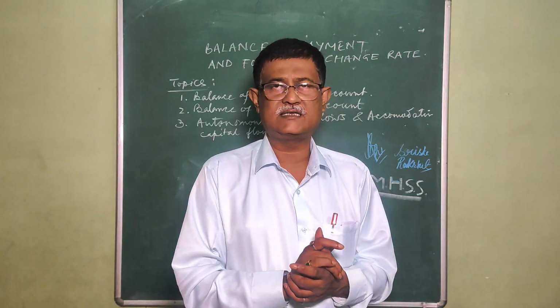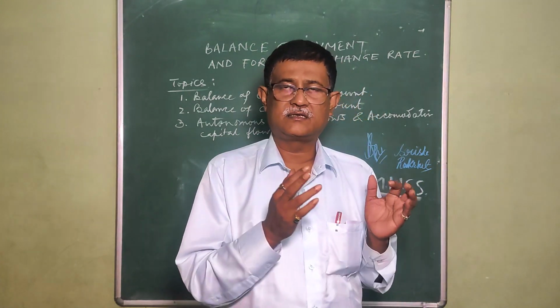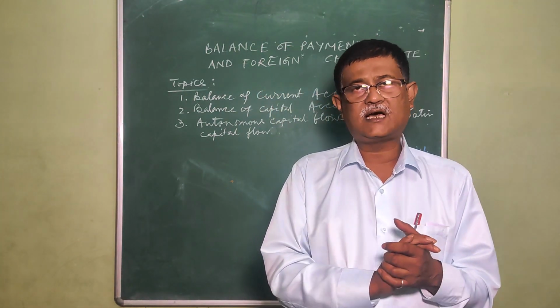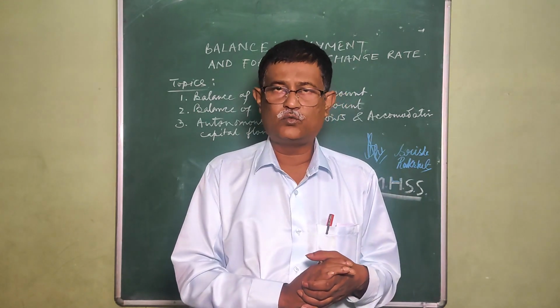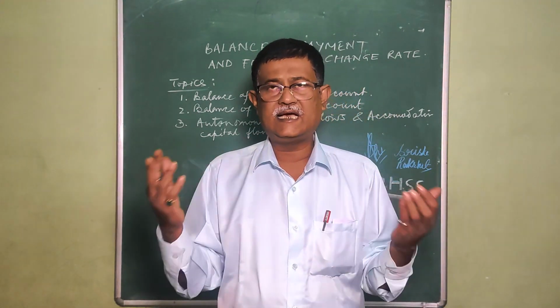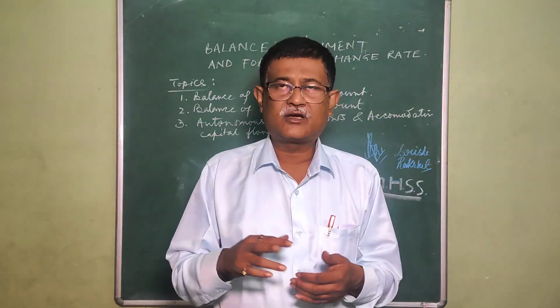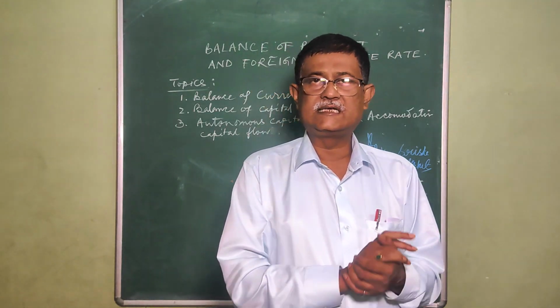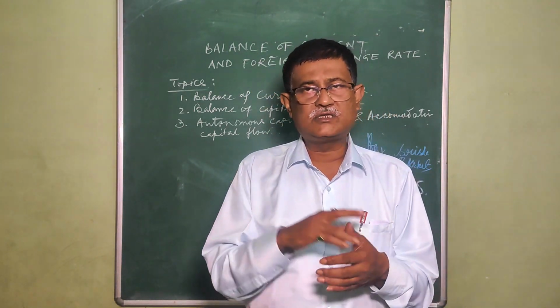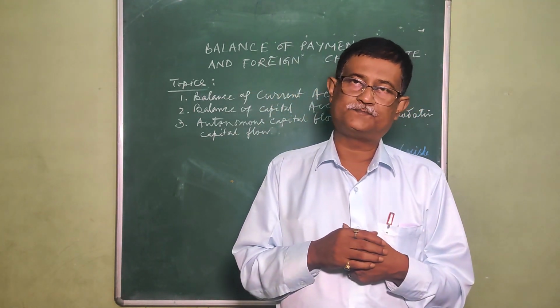In recent past, you have seen that Indian government has sent 40,000 tons of wheat to Afghanistan. Similarly, it has supplied vaccines for corona across the world in times of pandemic. So these are the examples of unilateral transfers between countries.